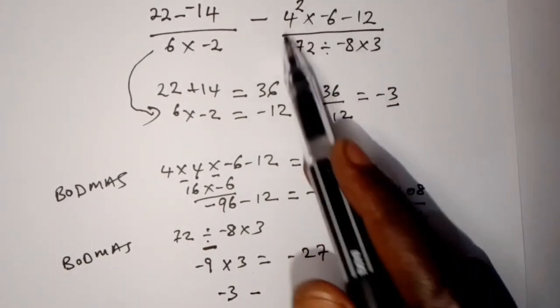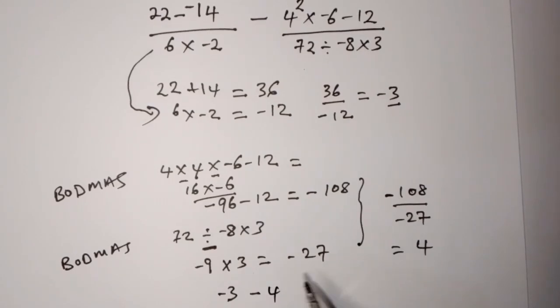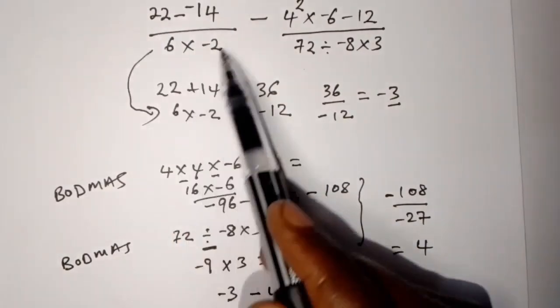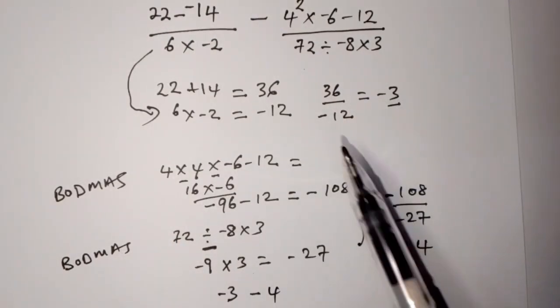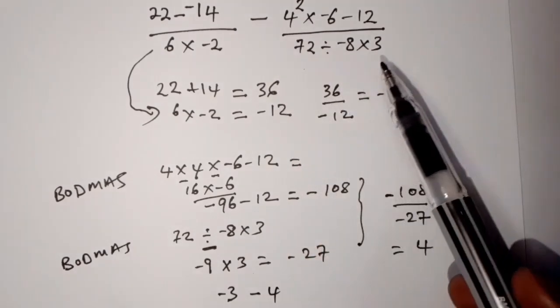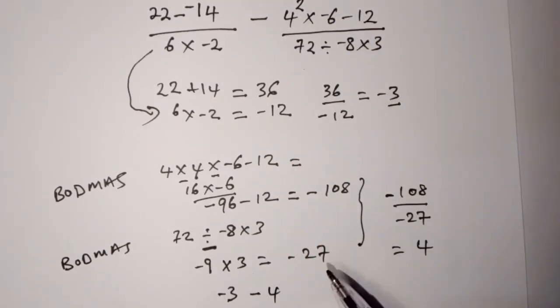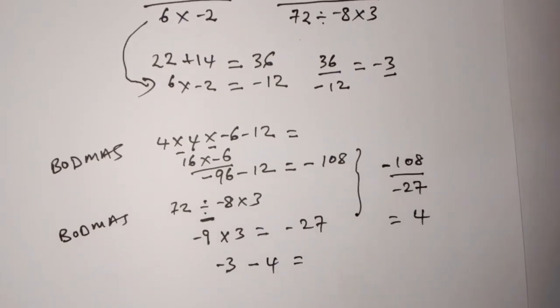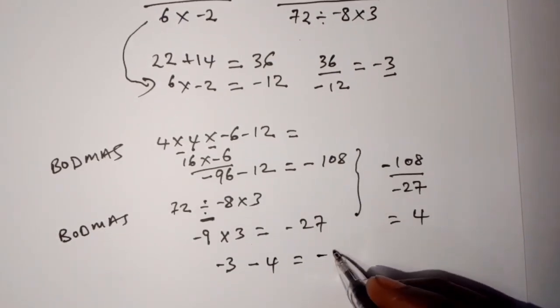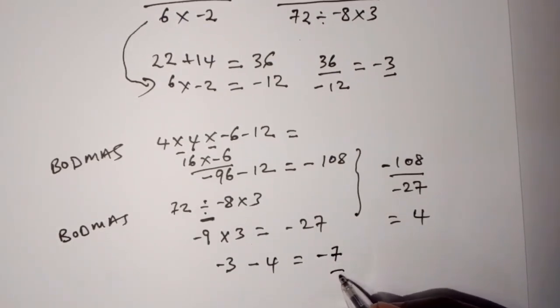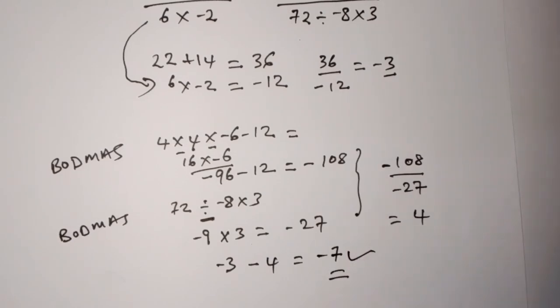Negative 3 minus 4, which is giving us a negative 7. So this is our final answer.